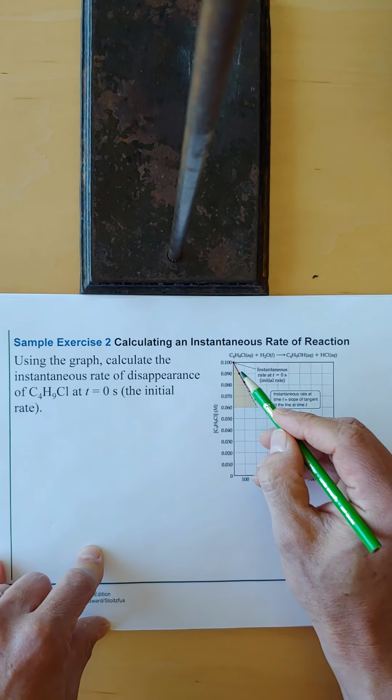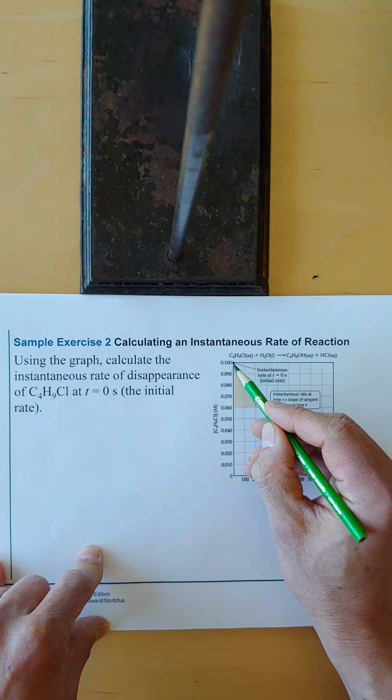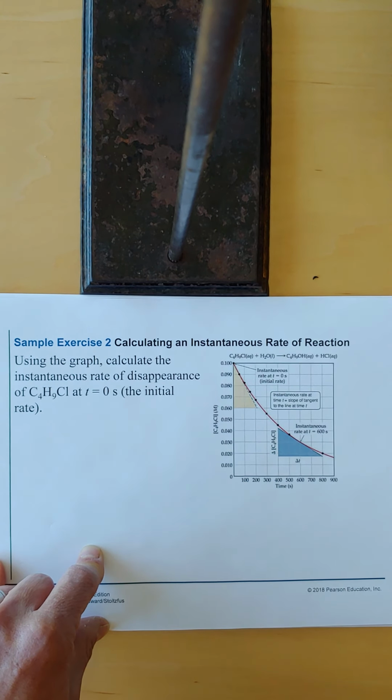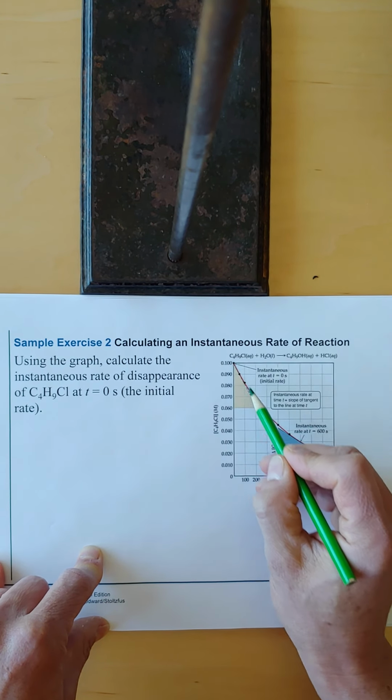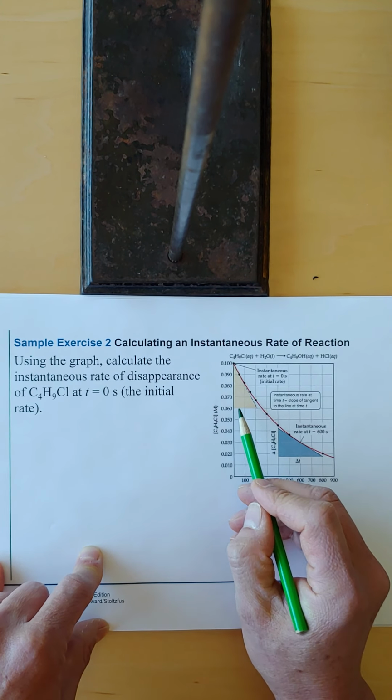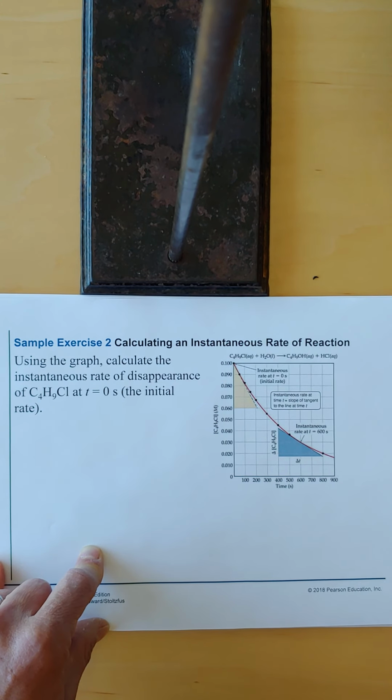What we can do now is calculate the slope of that line, and that slope is going to help us figure out the change in concentration, or at least help us figure out the rate of our reaction.